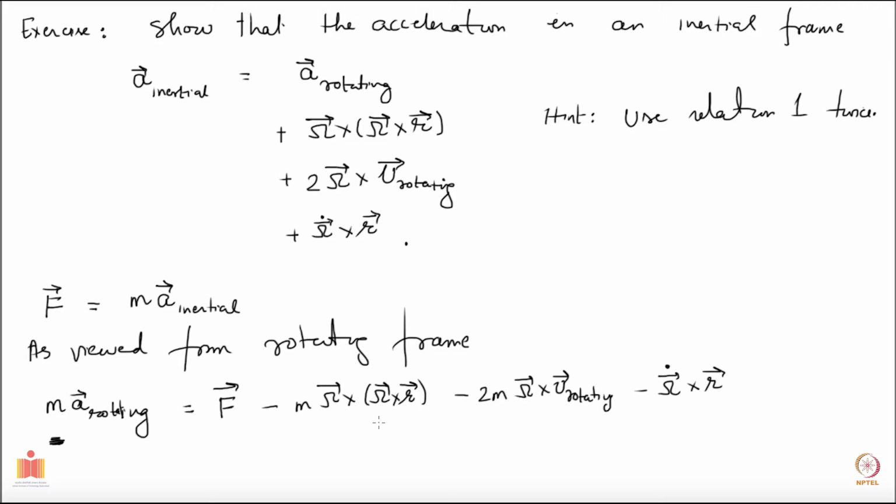It's not coming from some push or pull of some physical origin. They are fictitious because you are in the rotating frame. Okay, so you have to use this as your force to arrive at the left hand side, and these fictitious forces are called, this one is called your centrifugal force, so this entire quantity.